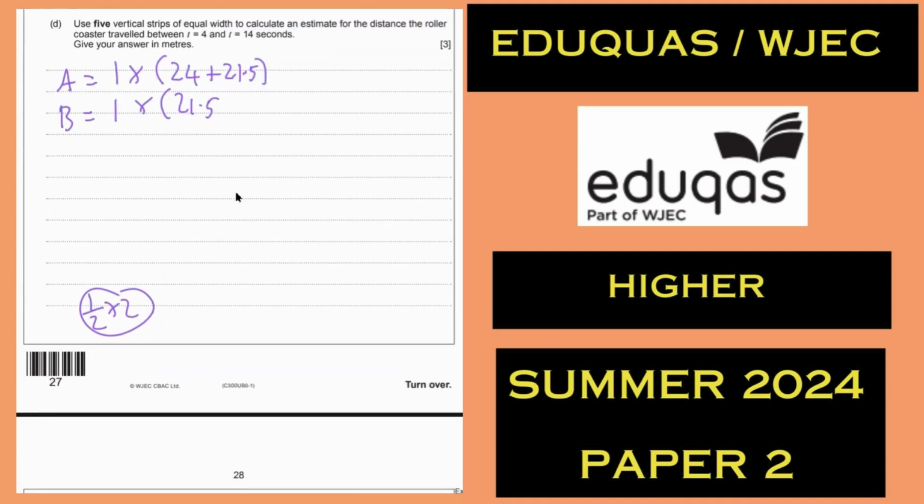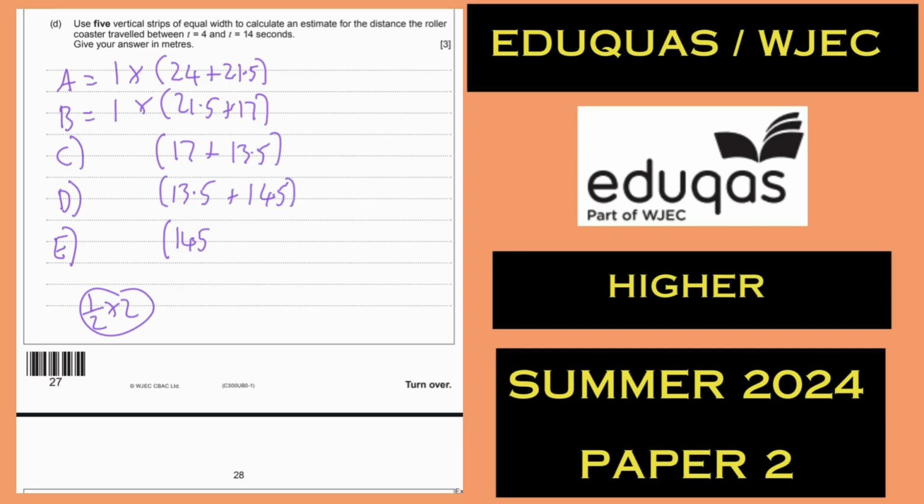So it'll be 21.5, and 17. C will be the 17 and 13.5. D will be the 13.5, and it goes up again, 14.5, and E would be a half times 2 times 14.5 and 18.